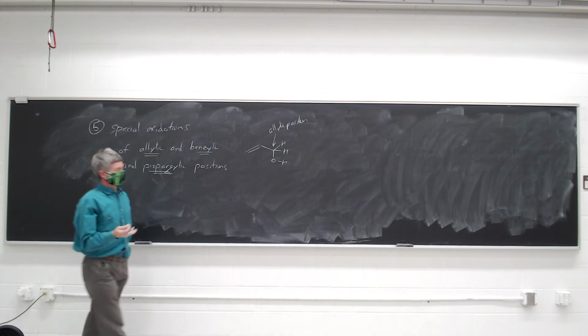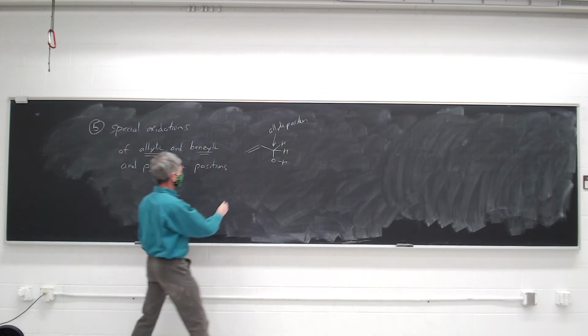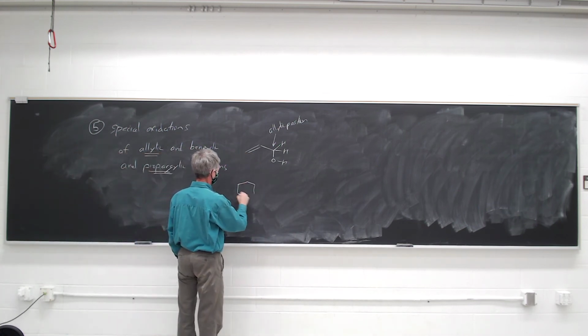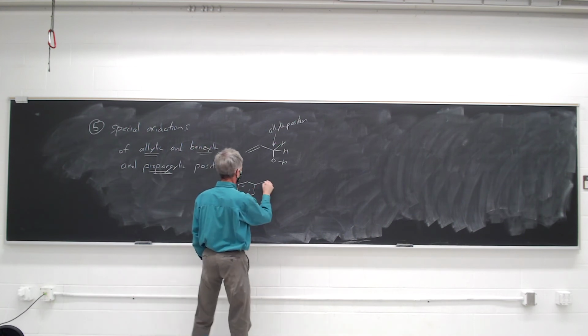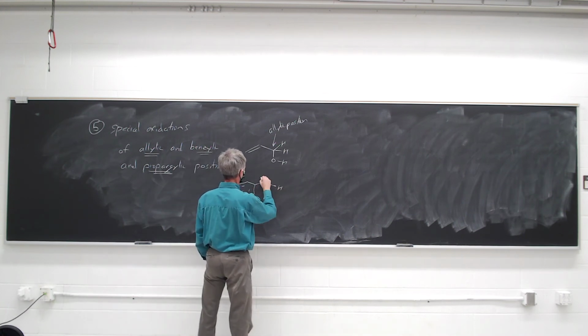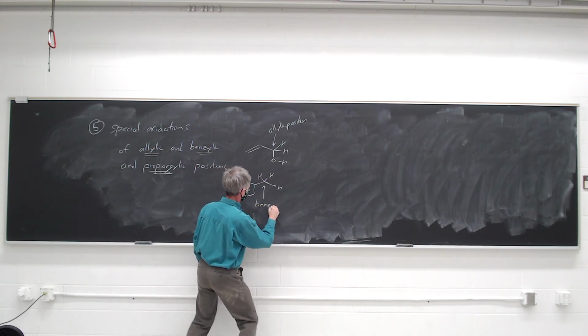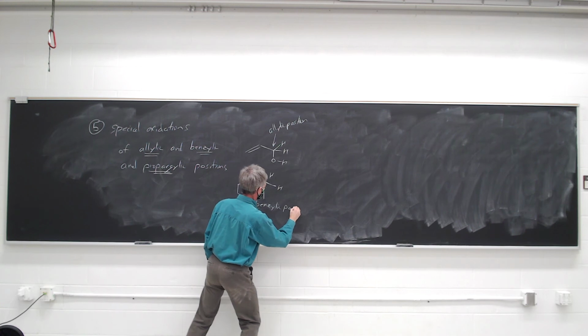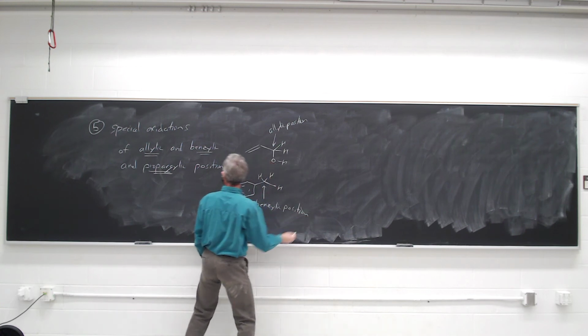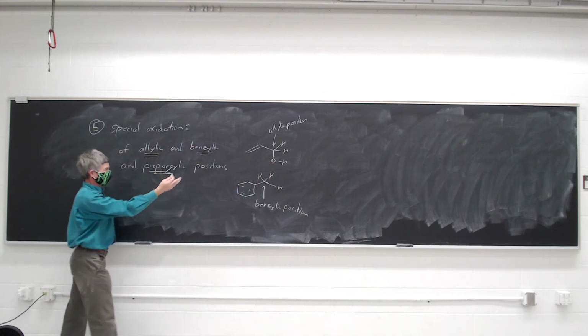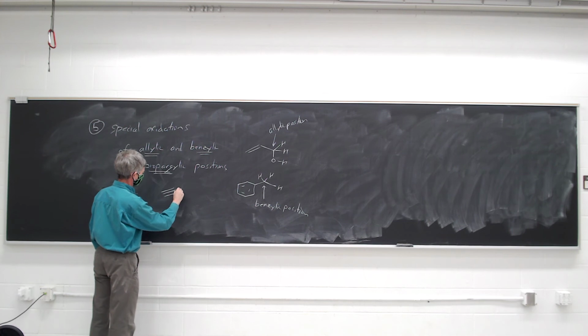A benzylic position is adjacent to an aromatic ring. This is the benzylic position. A propargylic position is adjacent to a triple bond.